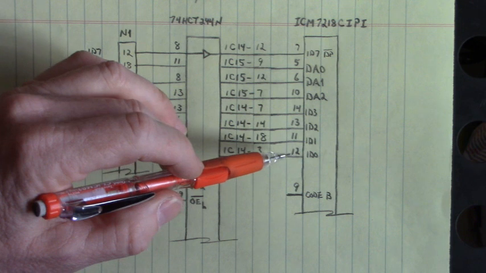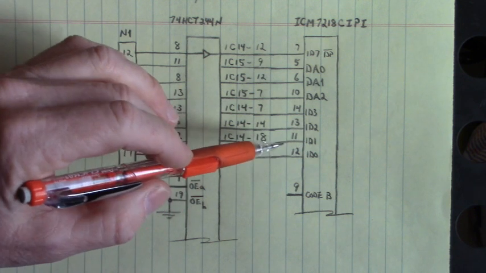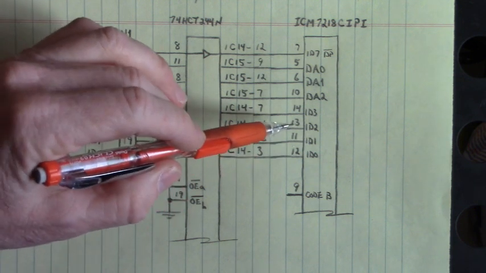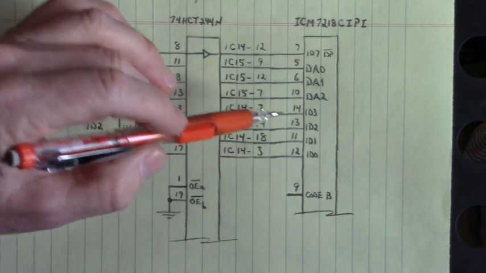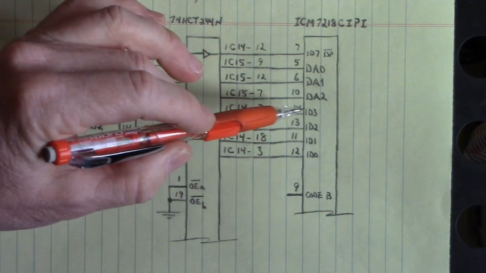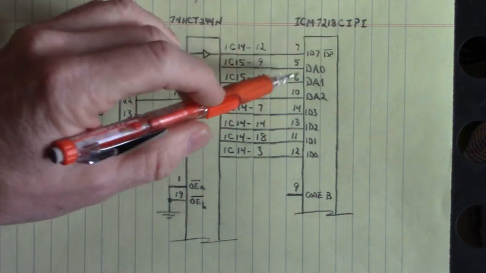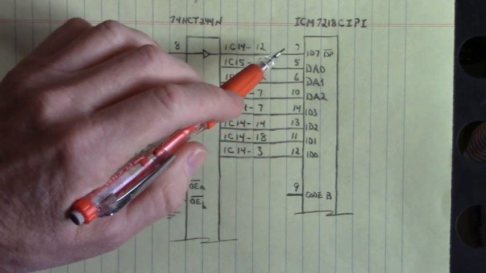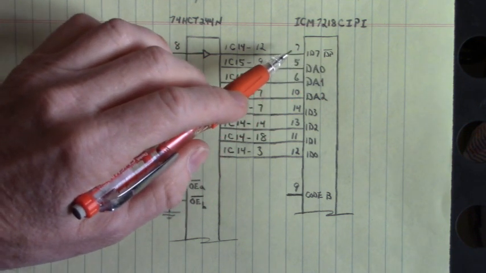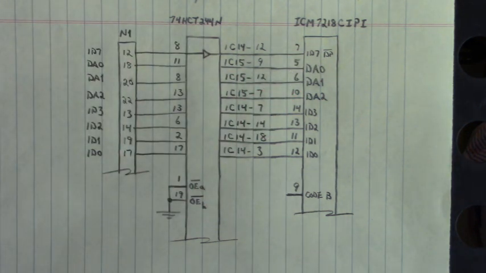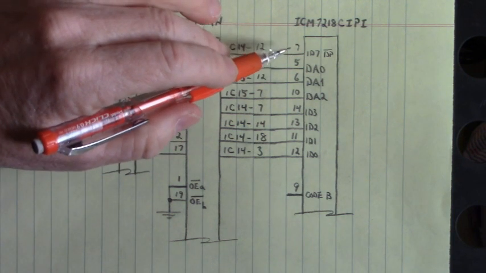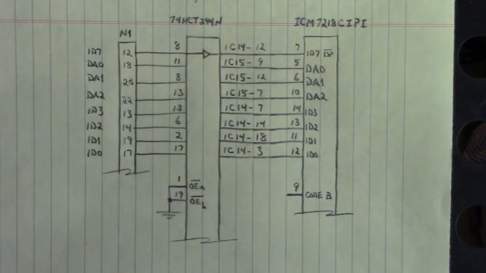Input data 0 is on 12, input data 1 is on 11, input data 2 is on 13, input data 3 is on 14, and up here this is for the decimal point, whether we turn it on or not. When this input data 7 is low, the decimal point is turned on. When input data 7 is high, the decimal point is turned off.